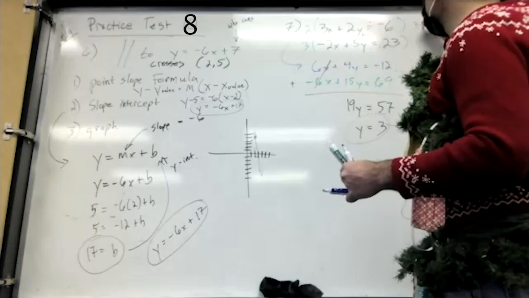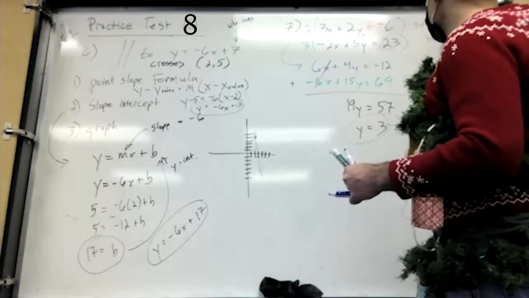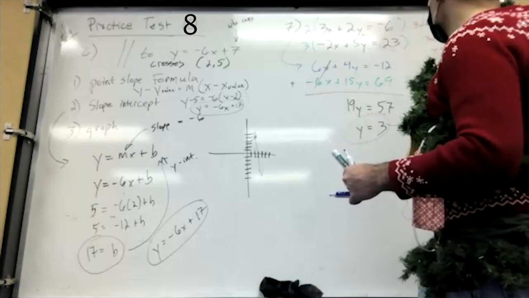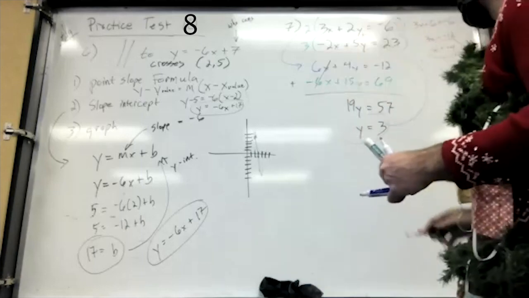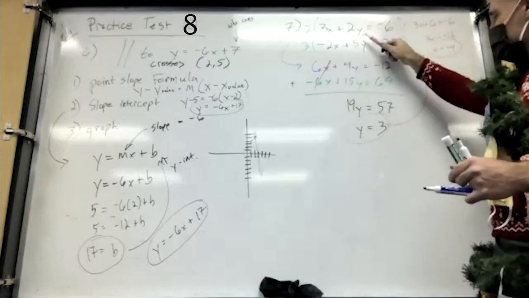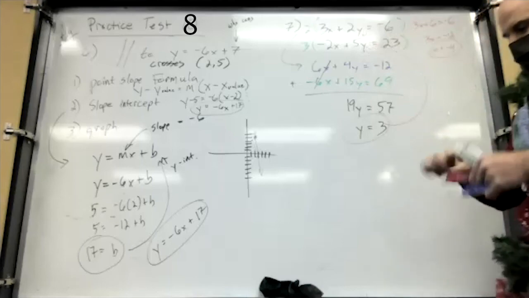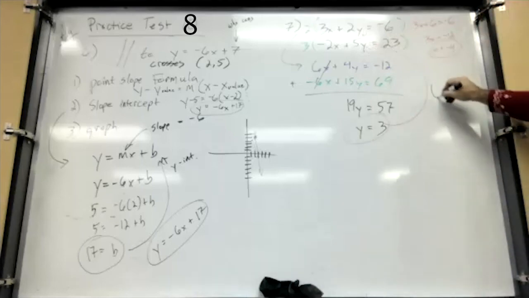So I get 3x plus 6 equals -6. 3x equals -12, x equals -4. And then I just want to make sure it works in that equation too. -2 times -4 is +8, plus 15 is 23, check. So you can leave it like this, or you can write it like the cool kids, (-4, 3).